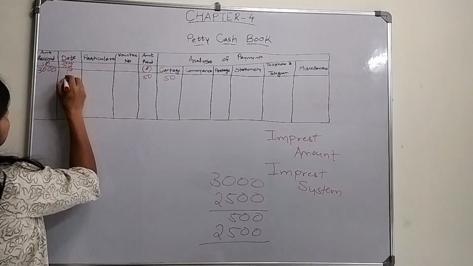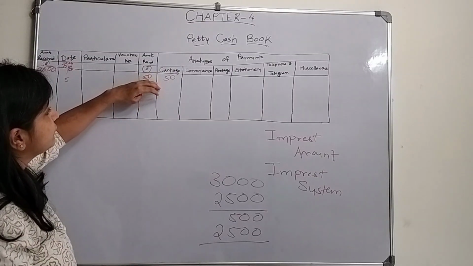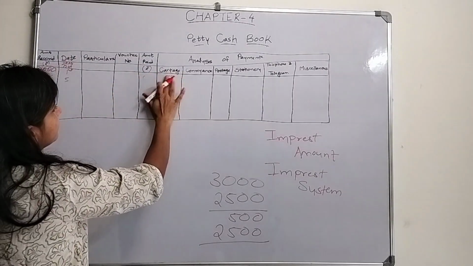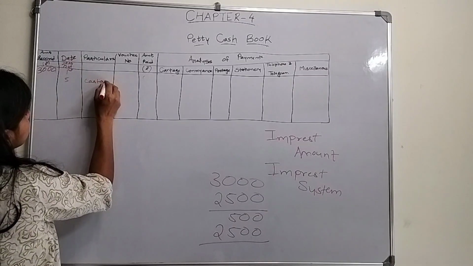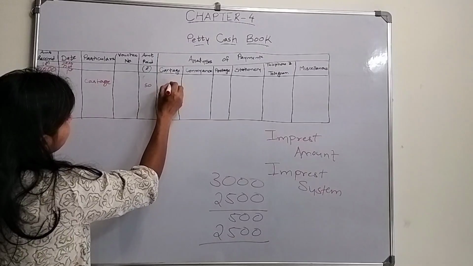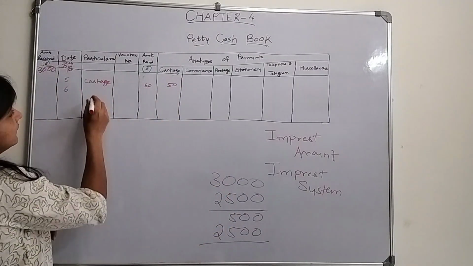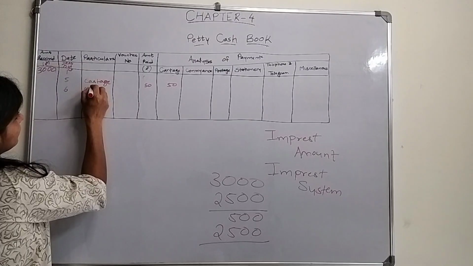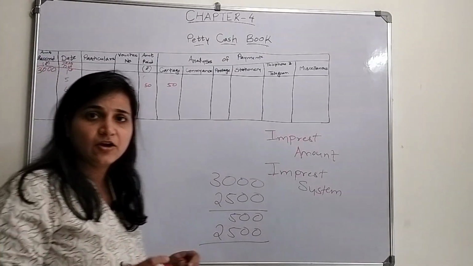Then on the 5th of October, he paid 50 rupees for cartage. Then on the 6th, refreshments. They bring tea or coffee.